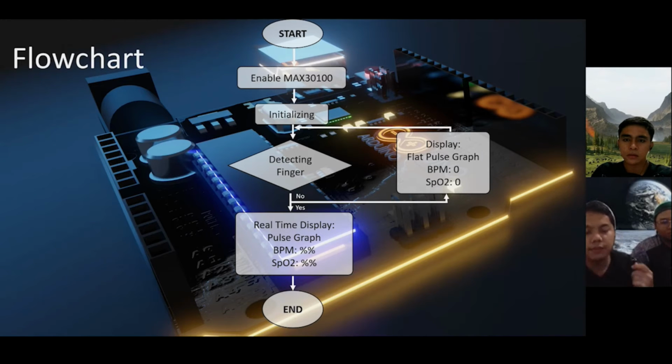But when there is a finger on the sensor, the LCD will display a pulse graph of the heartbeat and the beats per minute and oxygen saturation of the person. When the finger is lifted, it will go back to the state when there is no finger on the sensor.